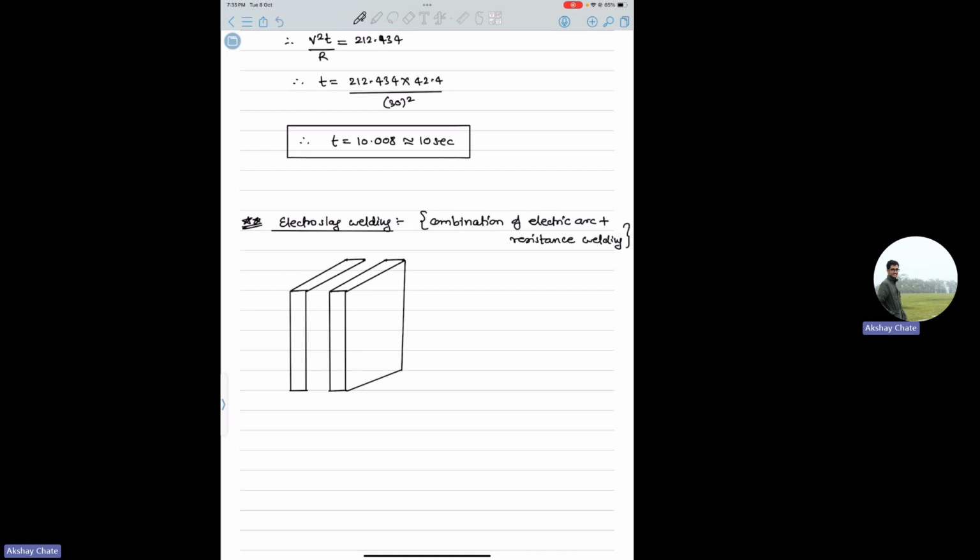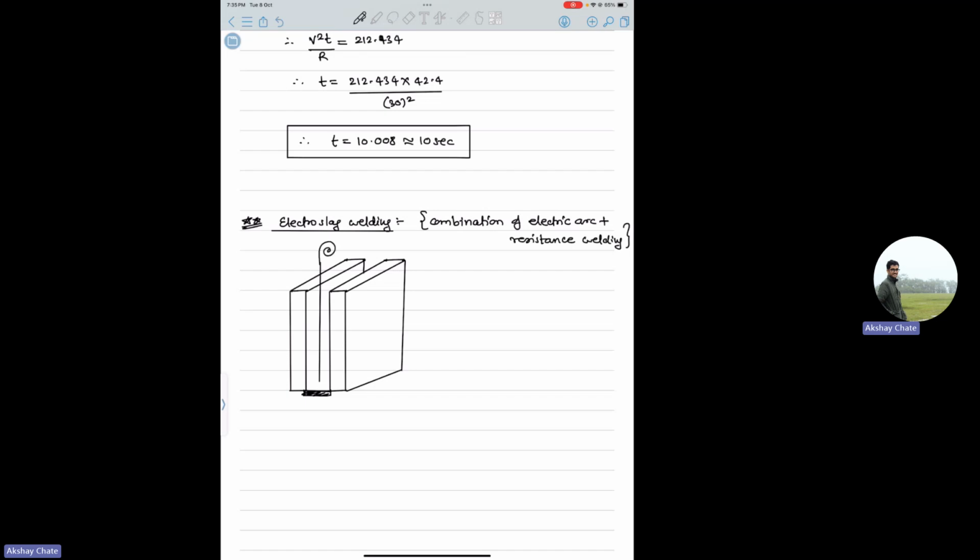So what they typically do is put some copper plates here, and they apply a consumable electrode here, something like this.